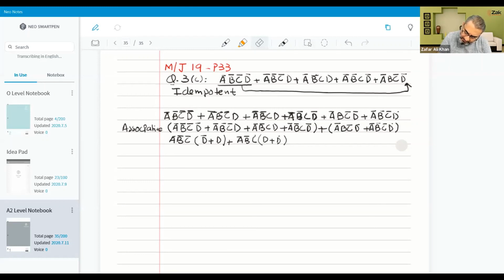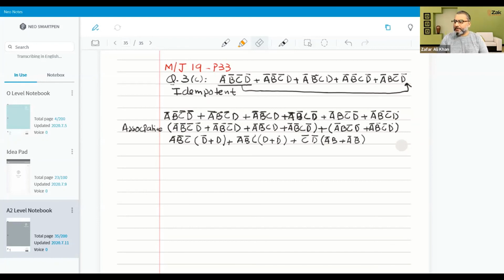All right, so then what is common in here is C naught D naught into A naught B plus A naught B naught.